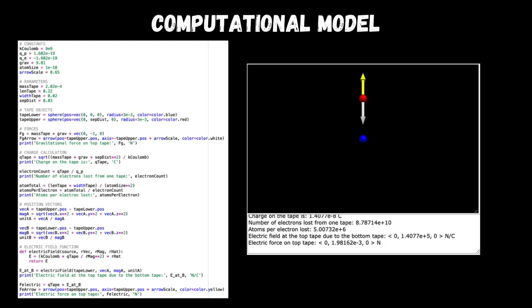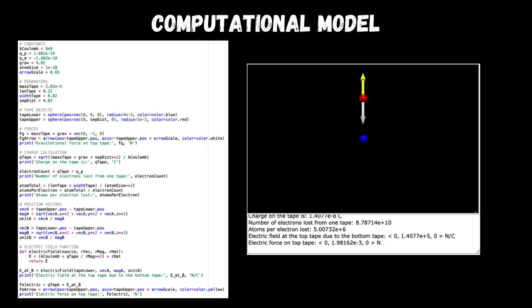A computational model was also developed to better analyze how the ideal scenario would have been. In the beginning, we just have some basic constants and also the initial conditions that we talked about earlier. And then I worked towards calculating the electric and gravitational forces on the objects in the experiment, and also the electric field and the charge at the end.